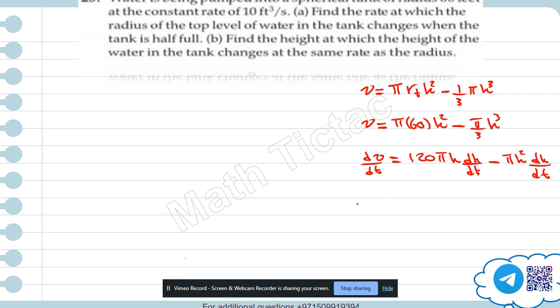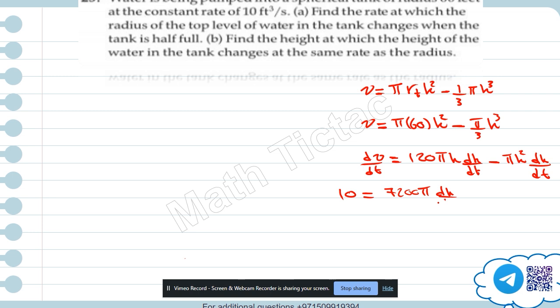Now all we have to do is substitute. Here we have dV over dt equal to 10, and here we have 120 multiplied by 60, the value of h. Let's calculate that on the calculator: this is 7,200 pi dh over dt.